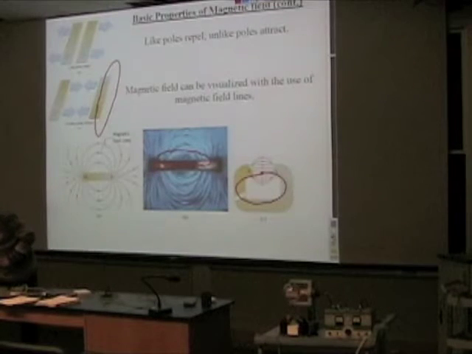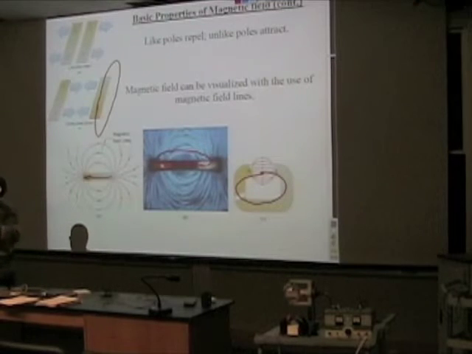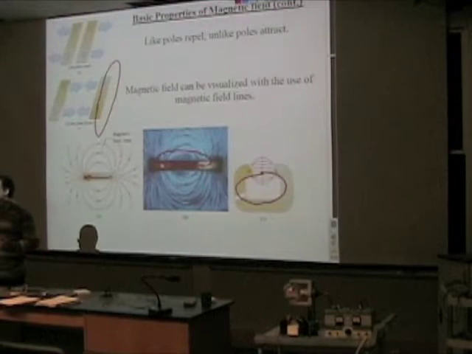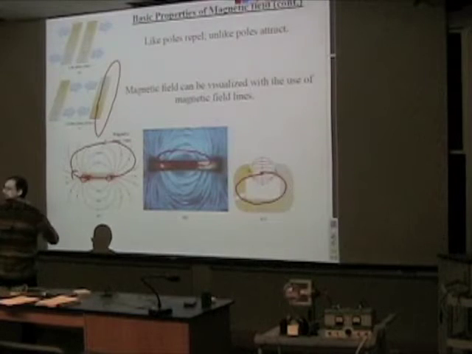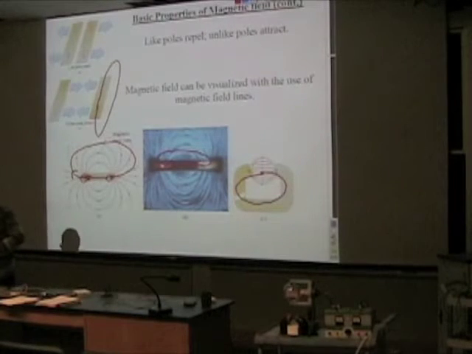And by definition, the magnetic field inside the magnet points from the south pole of the magnet to its north pole. And since it's a loop, it should go back outside of the magnet, leaving the north pole and getting back in the south pole.